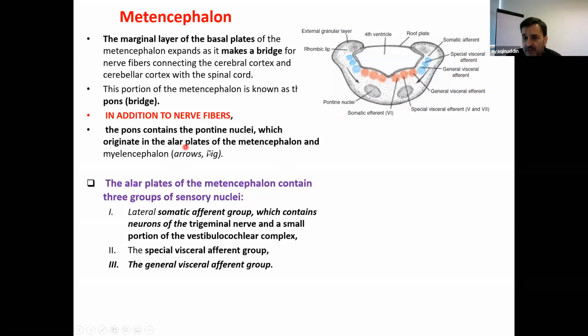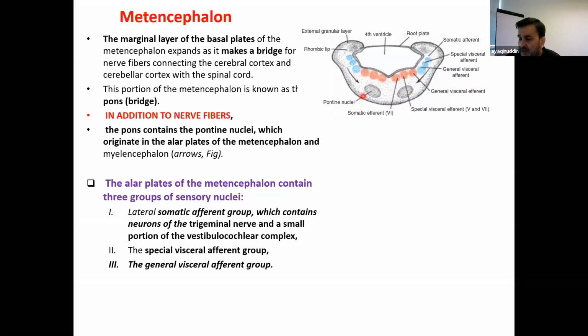In the pons also, you would get in the ventral part the pontine nuclei, which originate from the alar plates of the metencephalon. So these pontine nuclei, which you see here in the ventral part of the pons, originate from the alar plates.